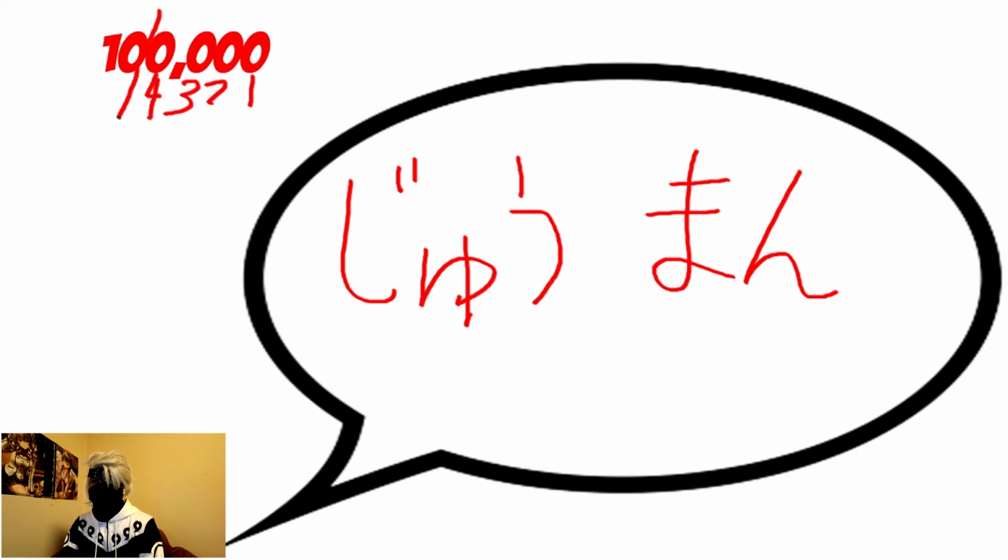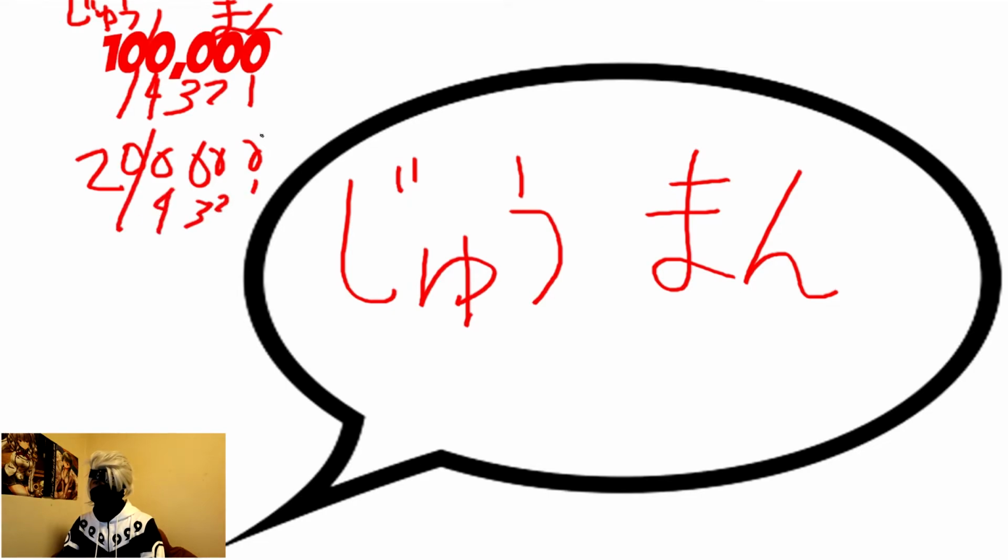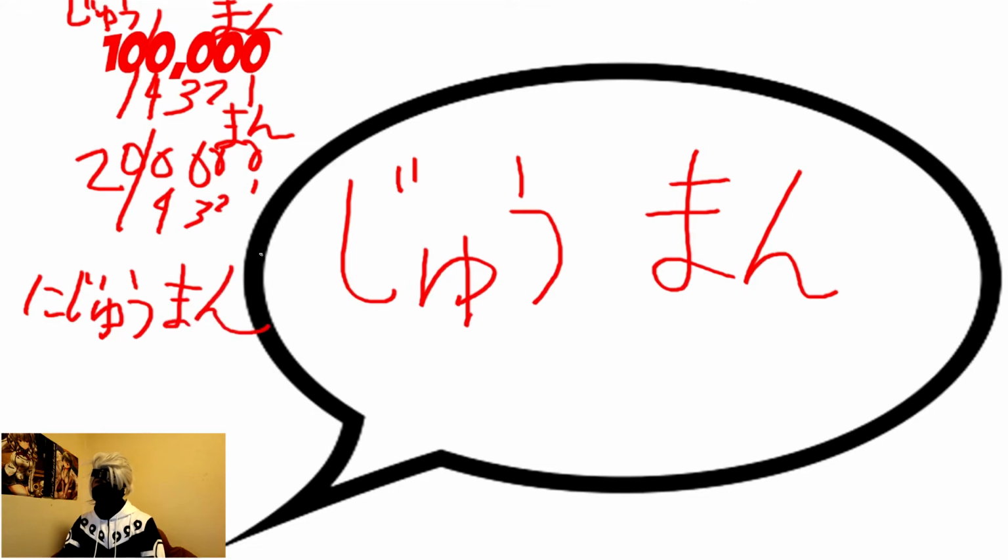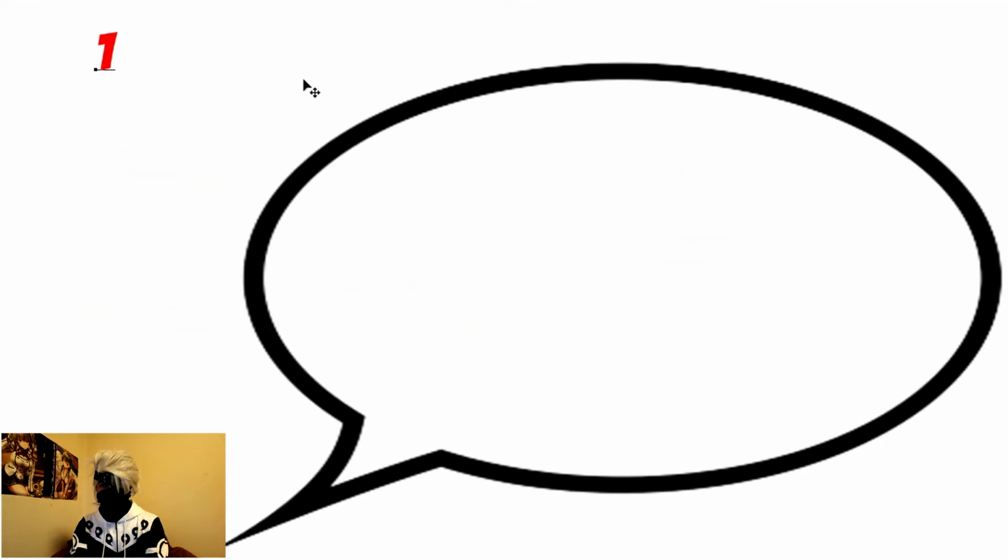So that's man already. Since it's ju, that's why it becomes ju man. 200,000, count 4 zeros, that's man already, so ni ju man. It's easy.